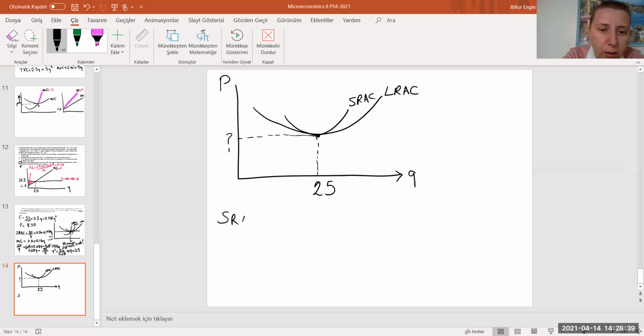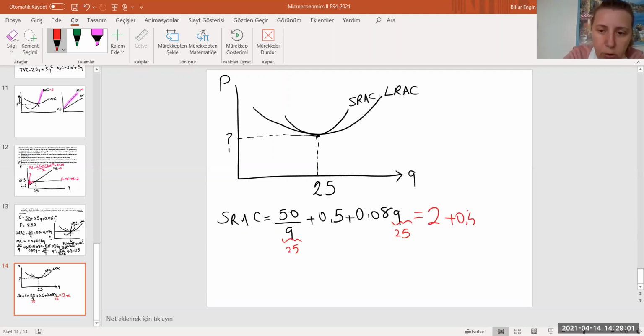If the short run average cost is 50 over Q plus 0.5 plus 0.08Q, if you substitute 25 for Q here, you will find 2 plus 0.5 plus 2, so the short run average cost in that case is 4.5.